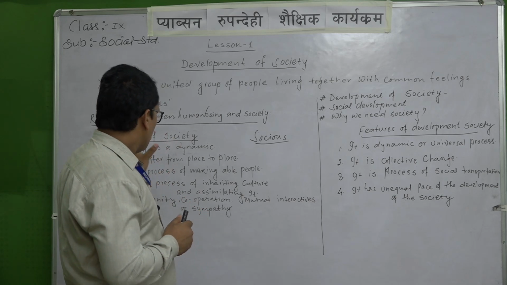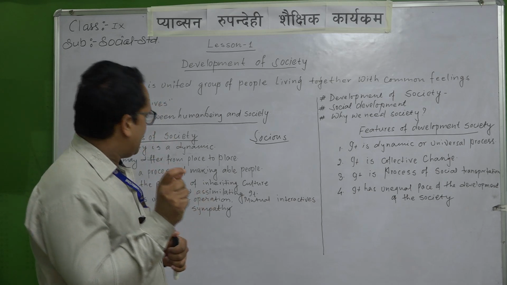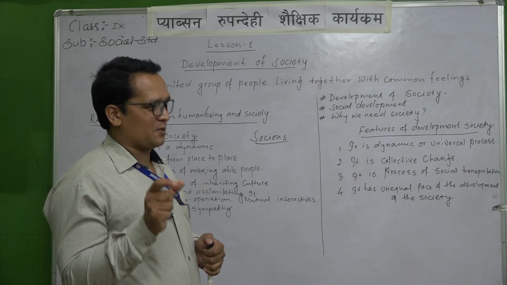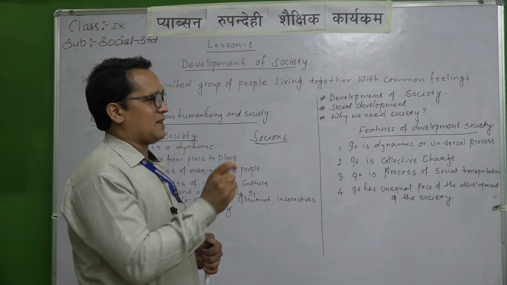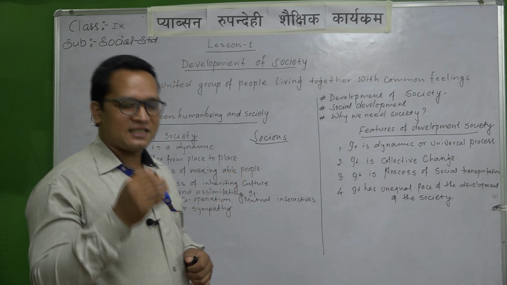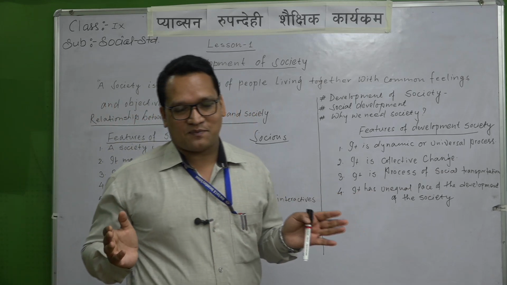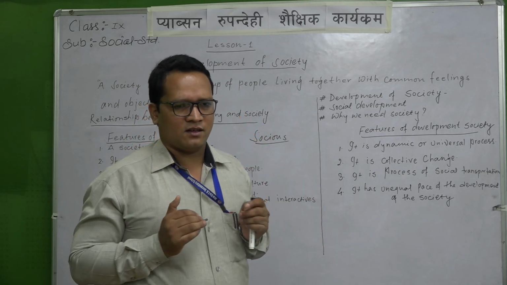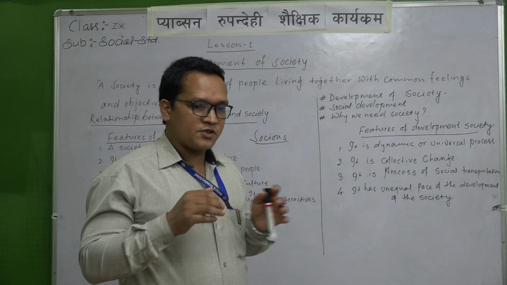So society plays a vital role in making able people. When society observes our activities, before that we think, if I am performing this type of action, what will society think of us.